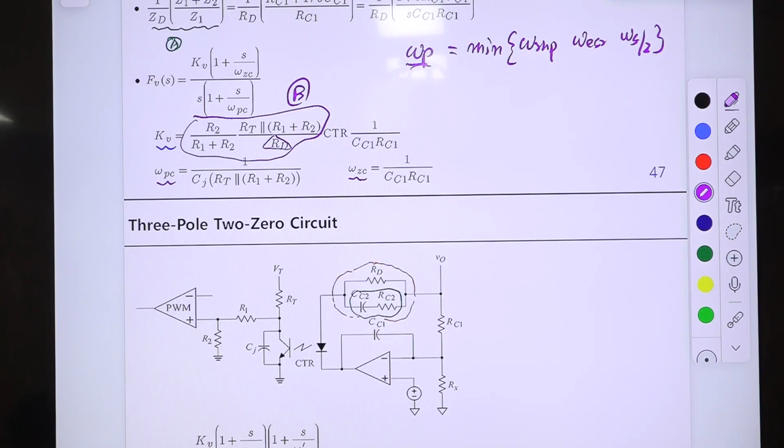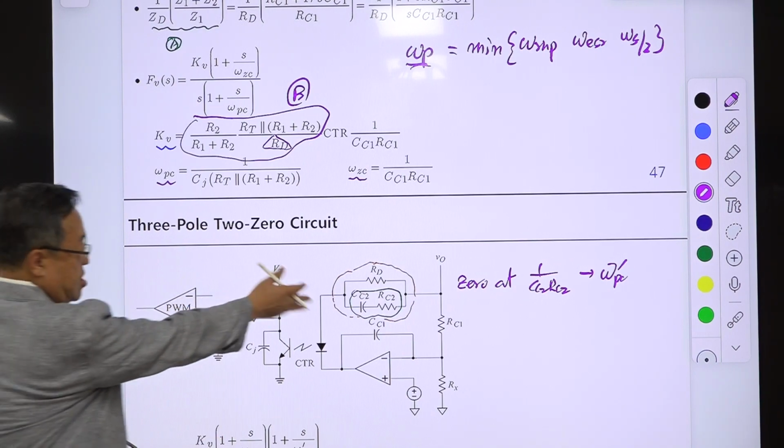Okay, so with this, there are additional zero at this one, and this becomes an additional pole. So omega PC prime. At the same frequency, it becomes pole.